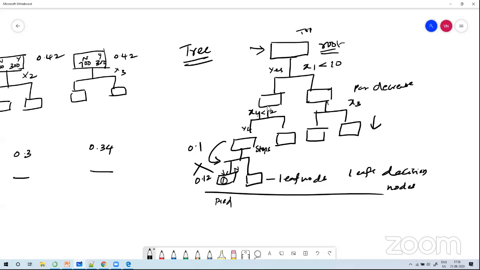As long as a variable gives that improvement in the Gini, decrease in the Gini, they are used to split the data further until it separates all the yes and no classes, or there is no further possibility of decreasing the Gini. That's where the tree stops and says, hey, my learning is done. I am a tree now. You can use me for decision making. Give me an observation. I will check which leaf node it is going to fall into. In that leaf node, whichever is the majority of the observations, my prediction is going to be the same.